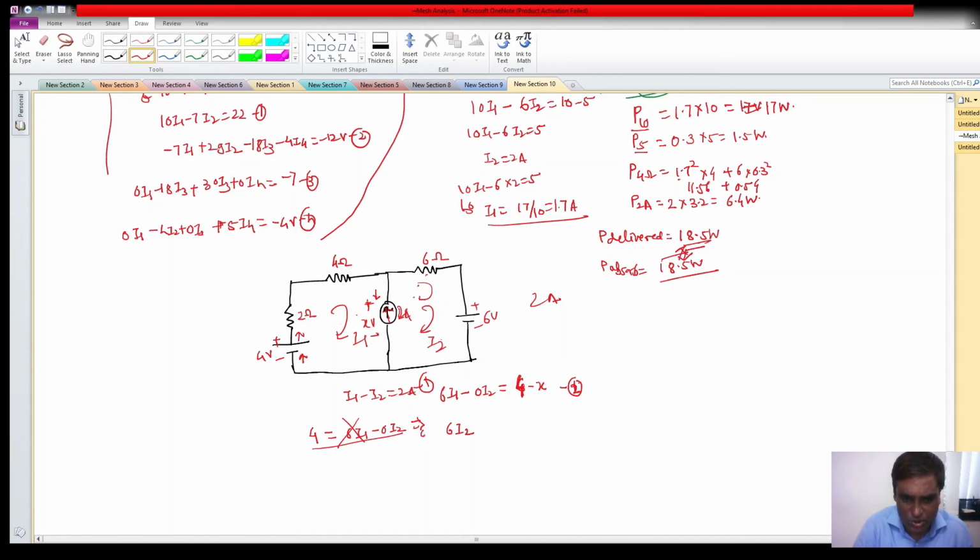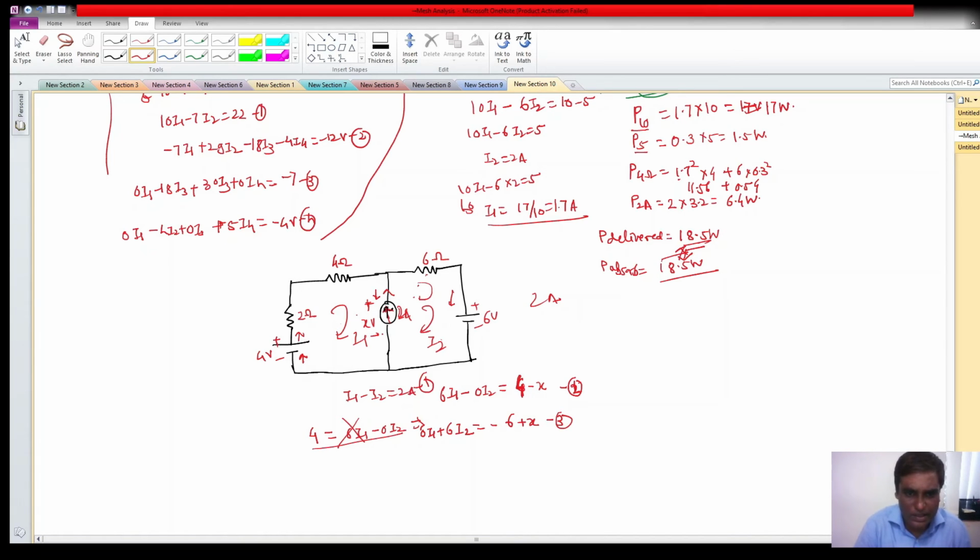No, so this is 0 I1, and on the right side the sum of all the sources. Going from here to here, current is coming into the positive terminal, so this is minus 6, and the current source has been connected this way, so current is coming out from the positive terminal, so it is plus x. This is equation 3. Now it is very easy to solve.